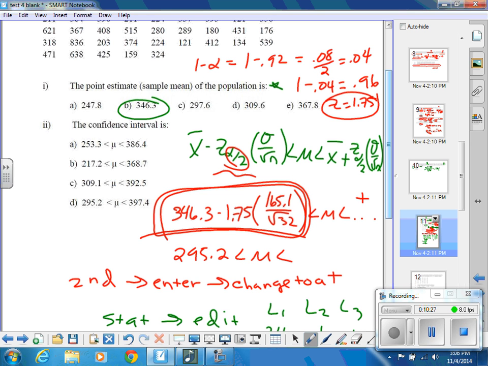Then it spits out the next answer, and you don't have to retype all that over again and make a mistake. 397, which is letter D. So, kind of complicated. If you don't have a graphing calculator, I feel sorry for you. Please borrow one and know how to use it before you go into this test. And then I'll move on to the next question, which is very similar.